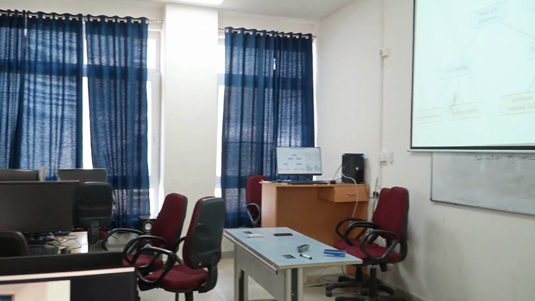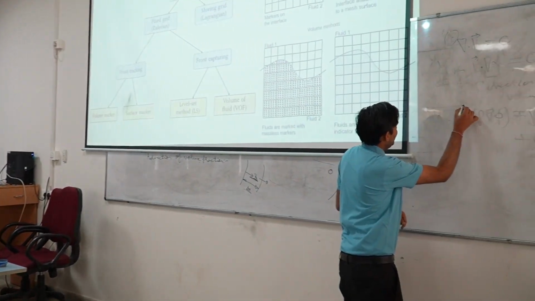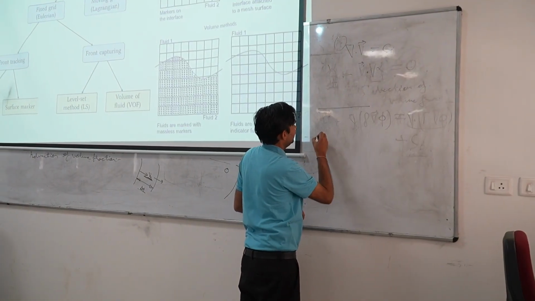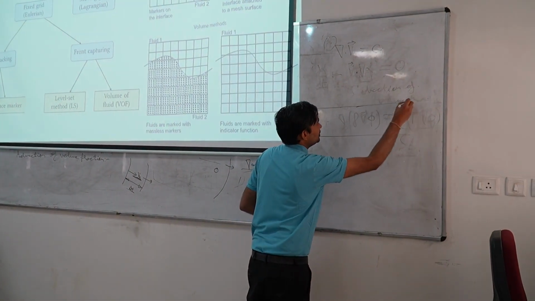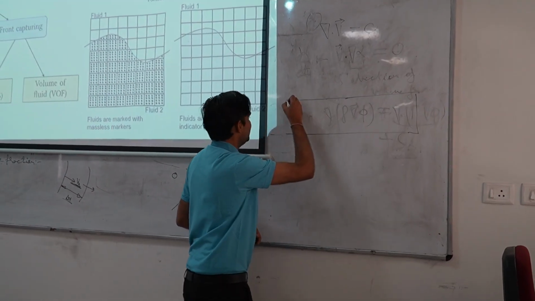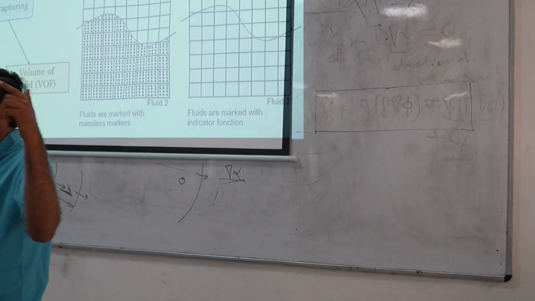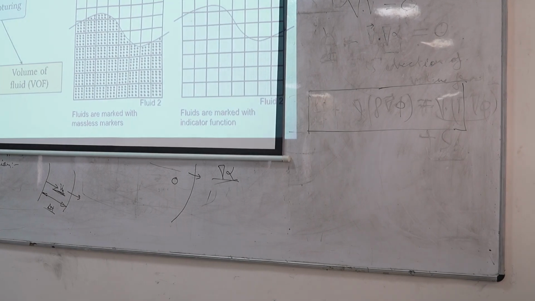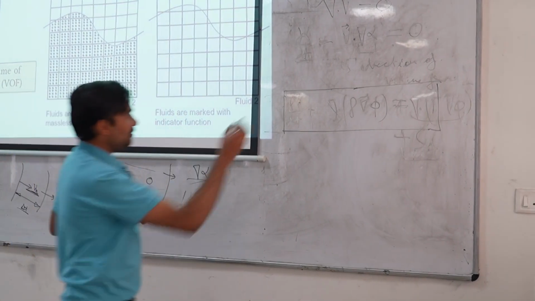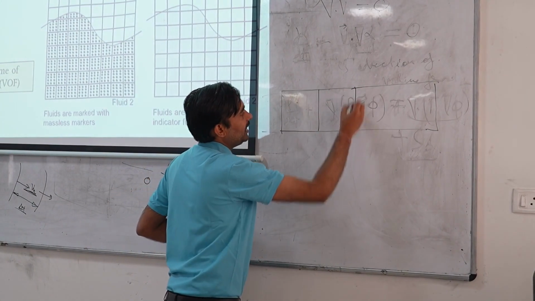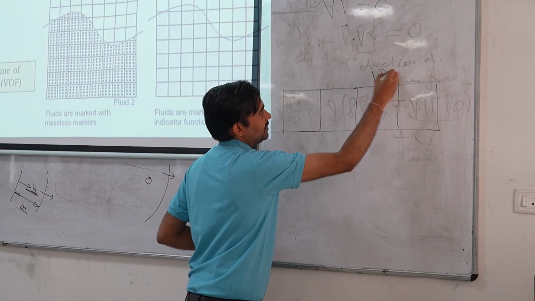Whenever you will be discretizing it, what will be happening? I'll give you one simple example, because the numerical solution of this equation is not identical to the one which we simply do for single phase flow. Say I have a one dimensional grid.